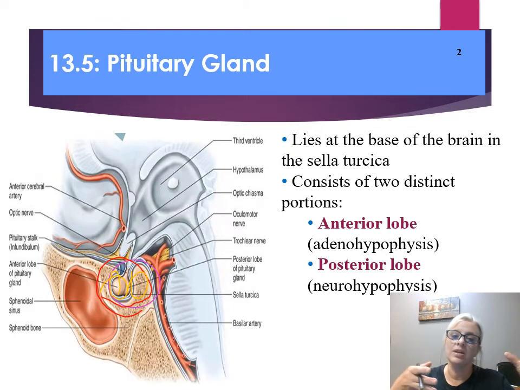You need to say, is it the anterior lobe or the posterior lobe? And of course, we have some extra names here. Anterior lobe is also called the adenohypophysis, and the posterior lobe is called the neurohypophysis, but you will normally just hear me say anterior and posterior pituitary. We don't need to make it that complicated. But you do need to know that those mean the same things.